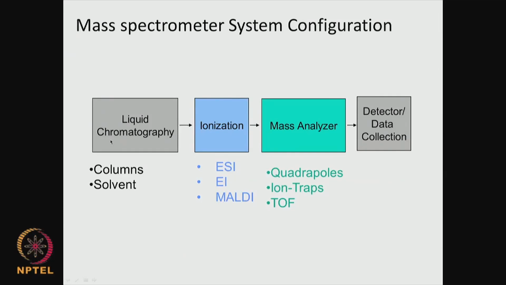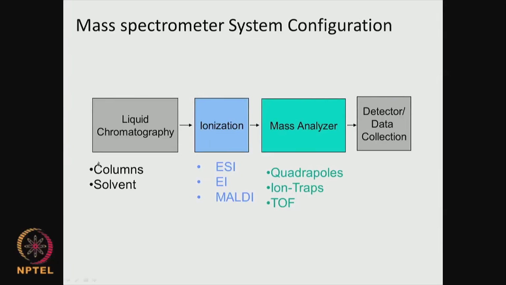So, what does it contain? There is a chromatography for separating various components. It is a liquid chromatography; we can also use a gas chromatography. So it can be LC or it can be GC. In liquid chromatography there could be a column and solvent, in a GC it could be a column and gases.